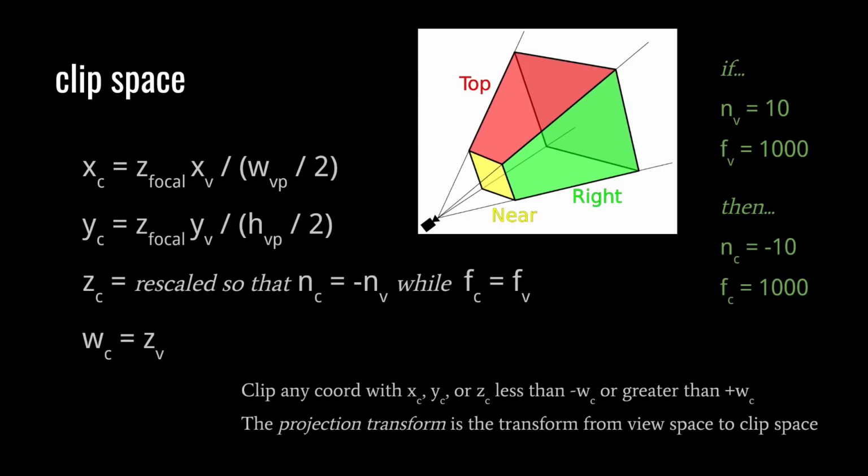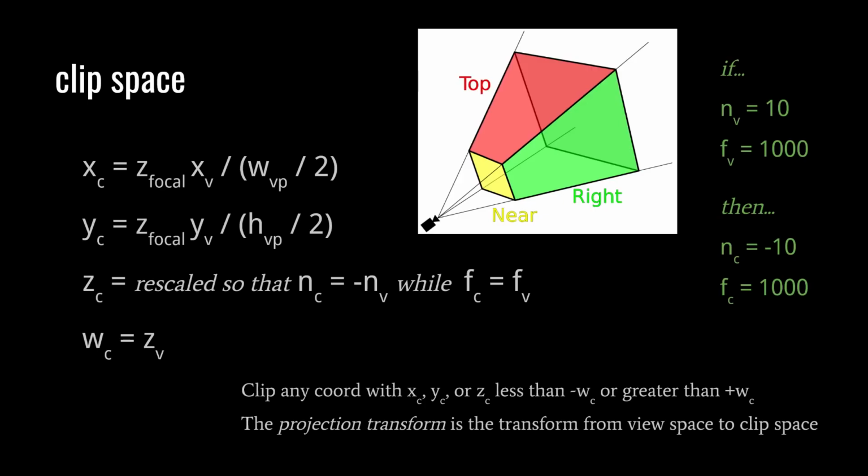And likewise, for a point on the far clipping plane, its z in clip space is going to be 1,000, its w will be 1,000, and again, that means that its z is in the range of -w to +w.